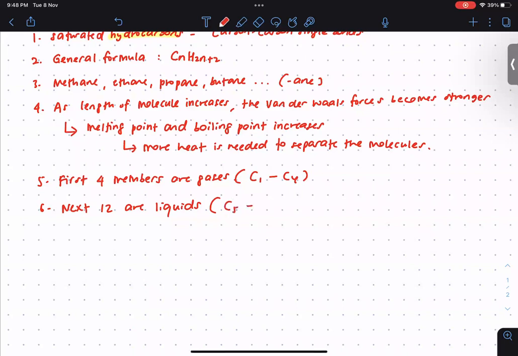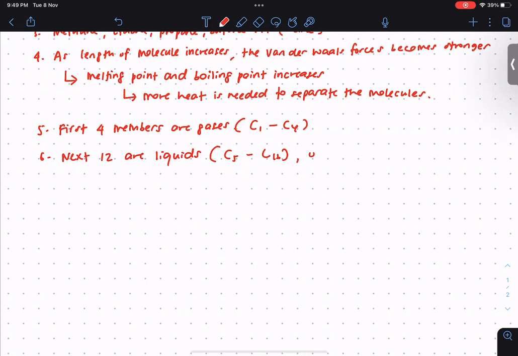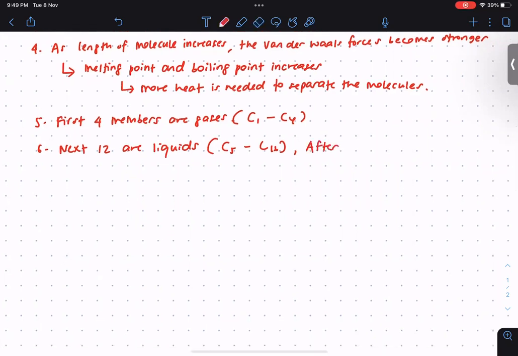You do the maths as well. So C5 to C16 will be liquids, and the others will be solids. After C16, they are all solids.